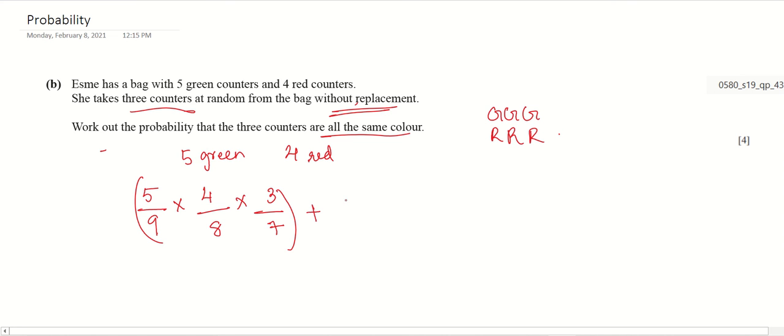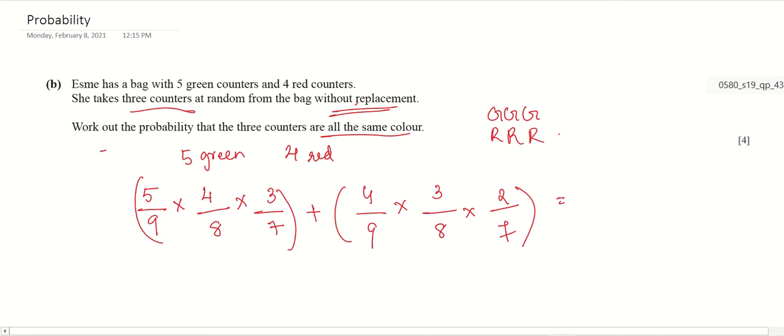And the probability of finding red, red, red would be 4, because 4 red counters divided by 9, that's the total number first of all, without replacement, so it will decrease by 1. Of course, she doesn't put it back in the bag, so 3 by 8. The total number of counters will also change, as I've told you earlier, and this will be 2 out of 7.